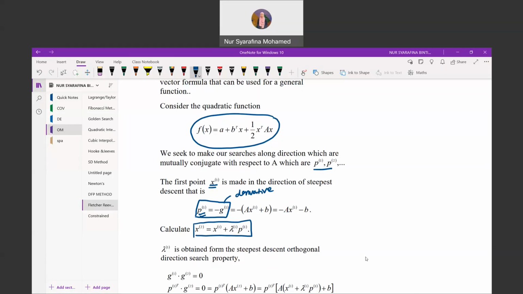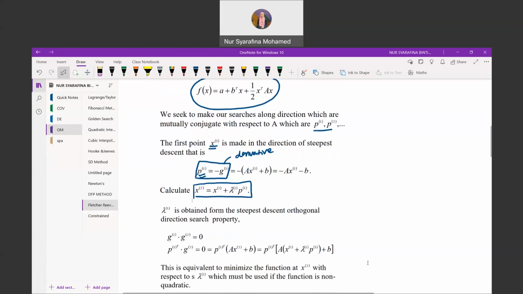Lambda 1 is obtained from the steepest descent orthogonal direction search property, where P1 transpose times G2 equals 0, with G2 equal to AX2 plus B, just as G1 is AX1 plus B. Here X2 is given by X1 plus lambda 1 P1.